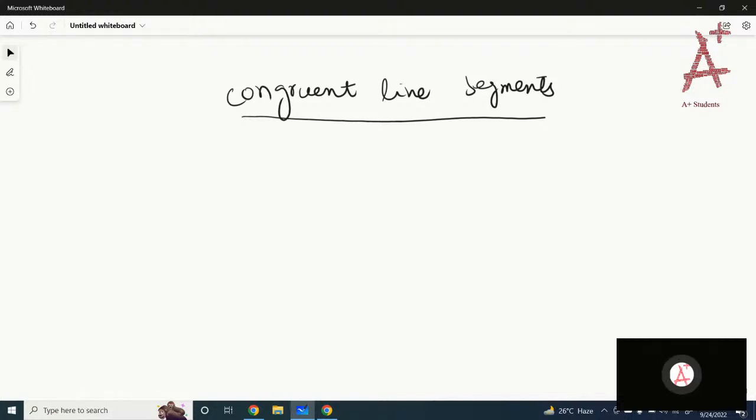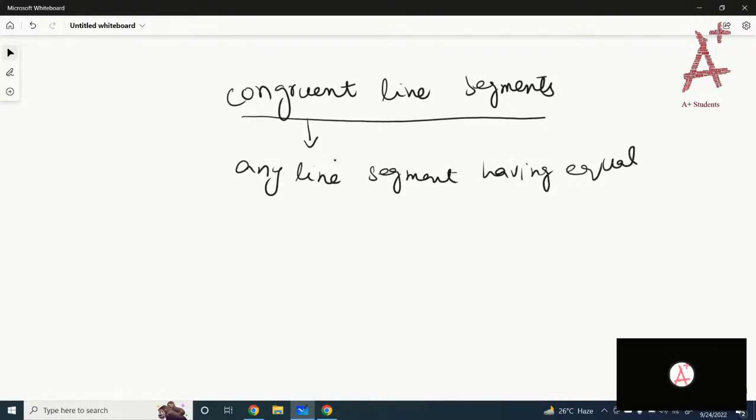Congruent line segments are defined as any line segments that have equal measure, the line segments that are equal in length. Got it? They are congruent line segments. You can note down the definitions. They are very important. This is the definition: any line segments having equal measure.